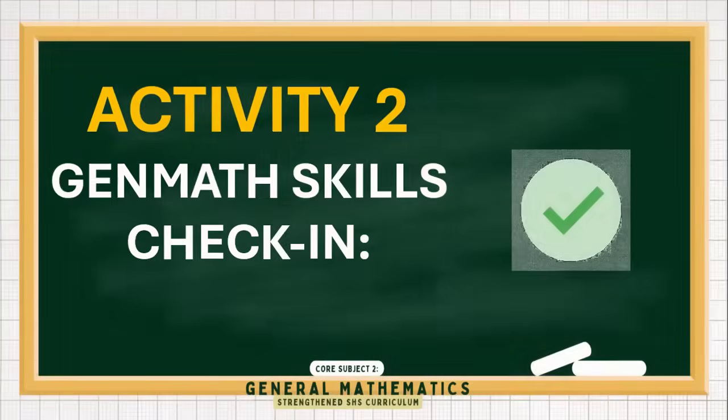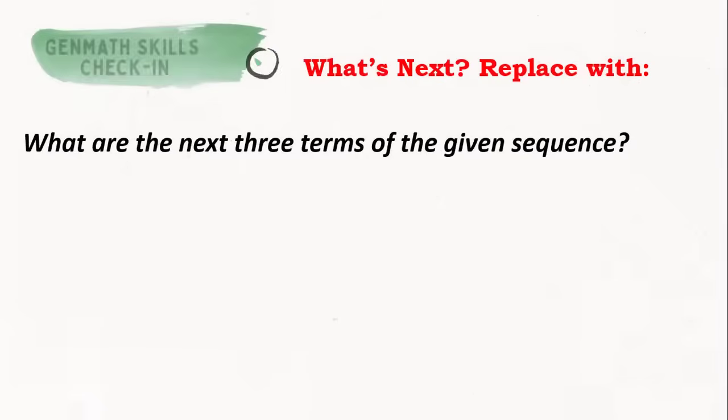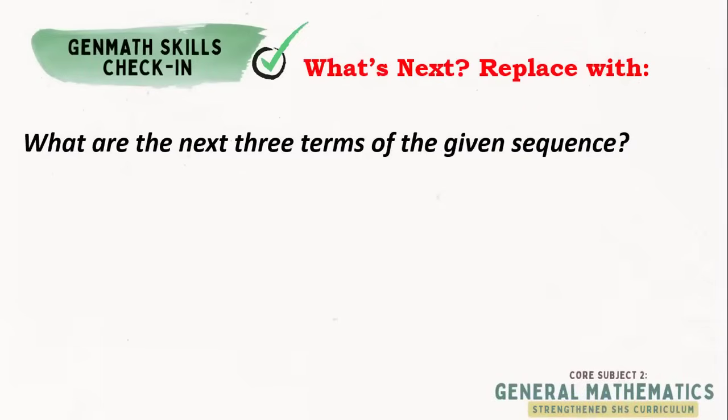Now, let us proceed to Activity 2, the GenMath Check-In Skills. Observe the given sequences that I'm going to give you. The question is, what are the next three terms of the given sequence? Let's try predicting the next numbers.